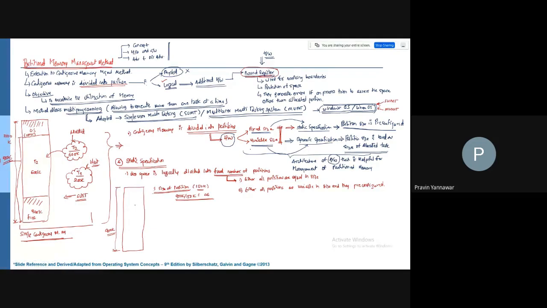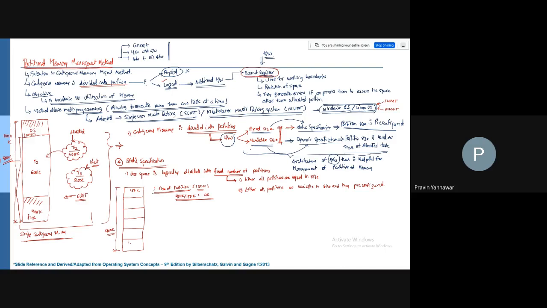Okay, this is one approach. By this, I am going to have 6 partitions. Say this is 1, 2, 3, 4, 5 and 6. So 6 partitions, and each partition is of 150k.